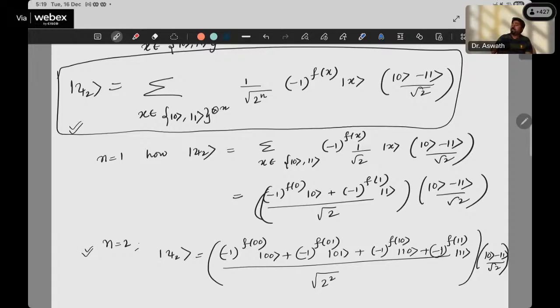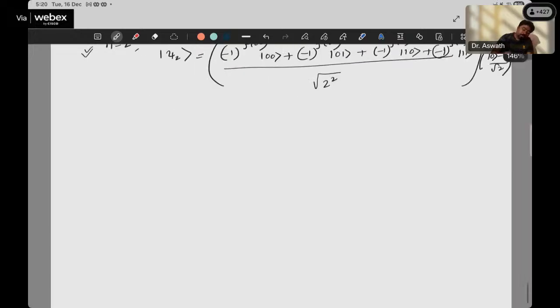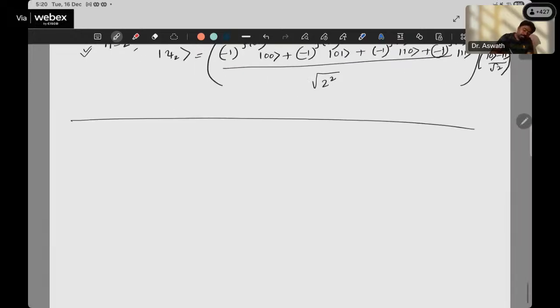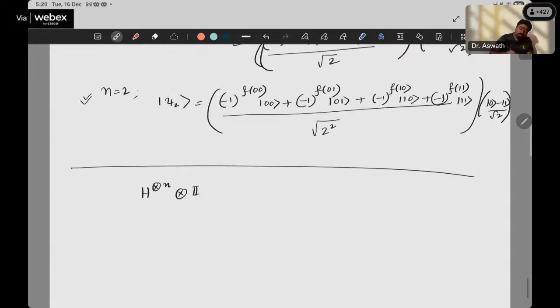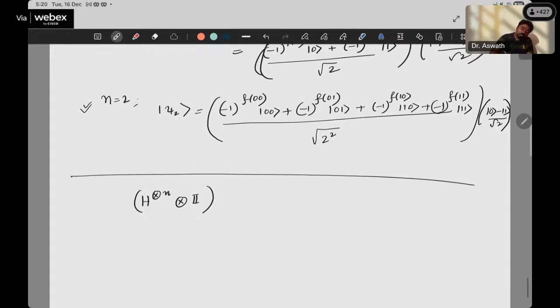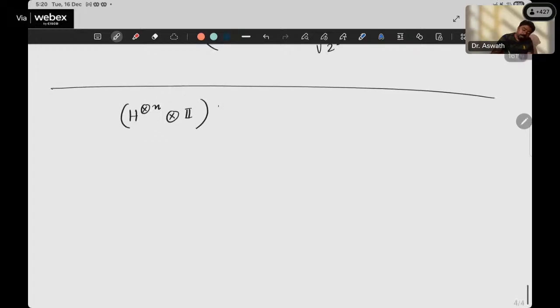Now, what else do I have to do? I have to find the action of a set of Hadamards on the query part, and the identity on the ancilla part, which is going to give me psi 3.